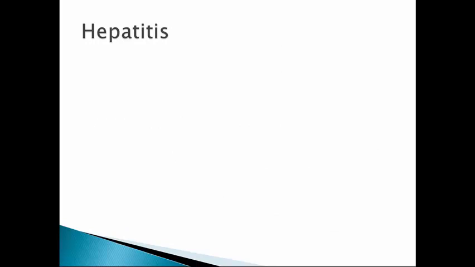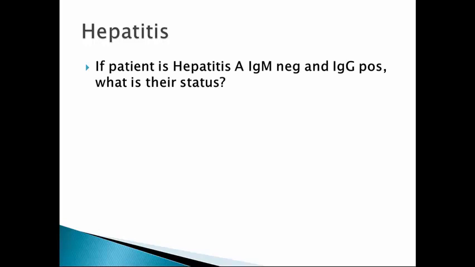Now, I promised you that we were going to take a look at some of these labs and noodle our way through this. So we'll take a look first at hepatitis A. With hepatitis A, we frequently look at our immune globulins. So you know that someone has hepatitis A, and they have hepatitis A IgM negative, but their IgG is positive.